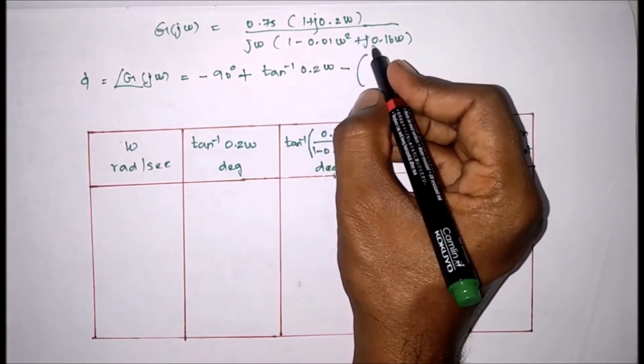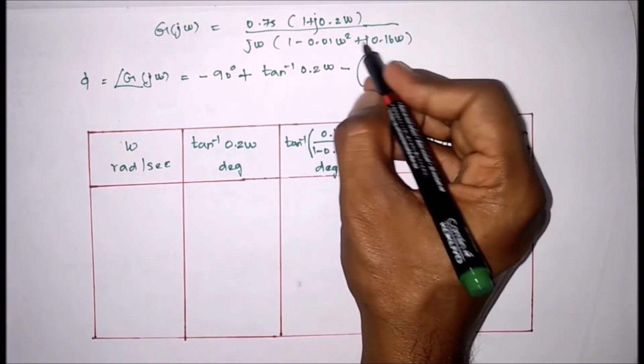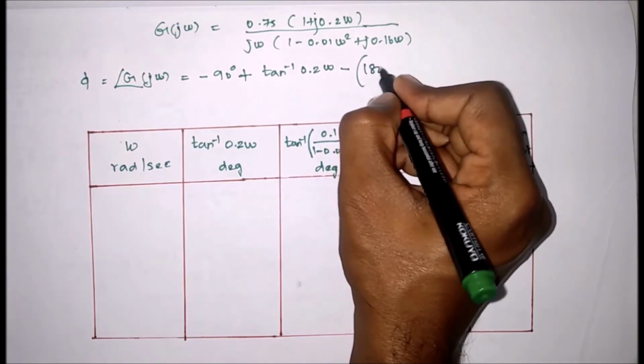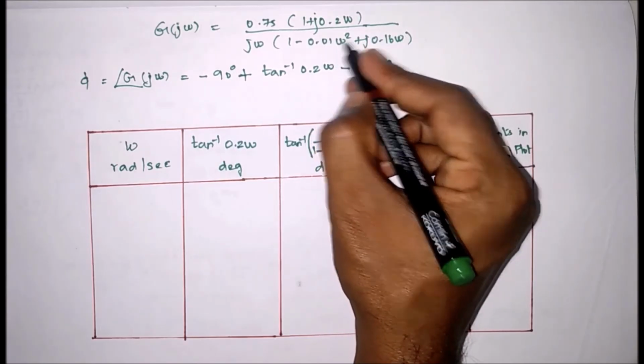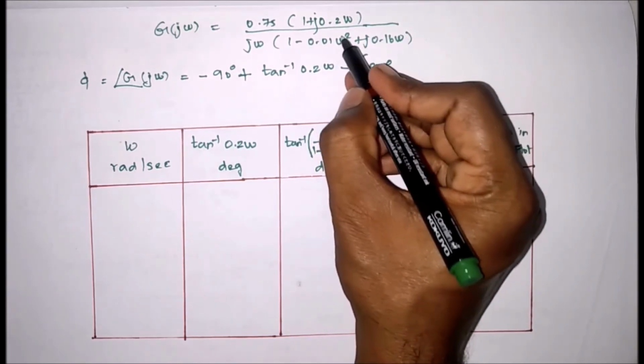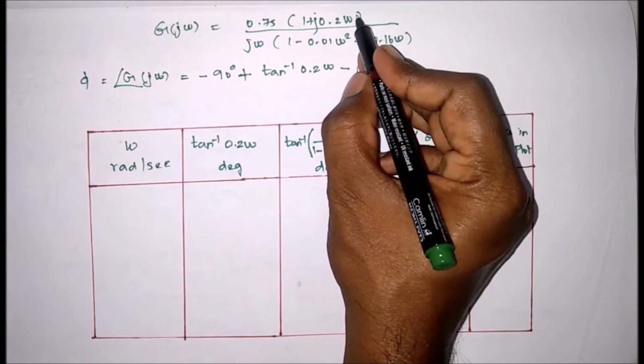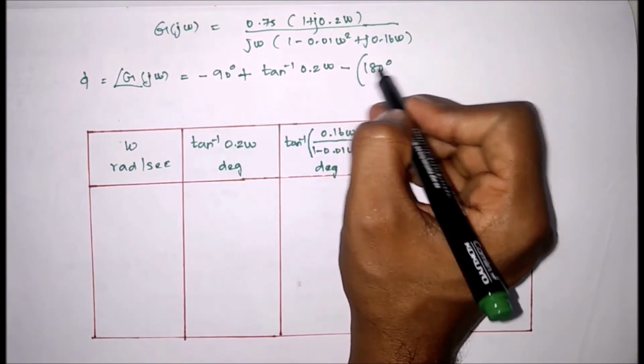For the quadratic equation, for the square term alone we have to add 180 degree. If it is in the denominator we have to use plus 180, and if the quadratic is in the numerator, we have to use minus 180.